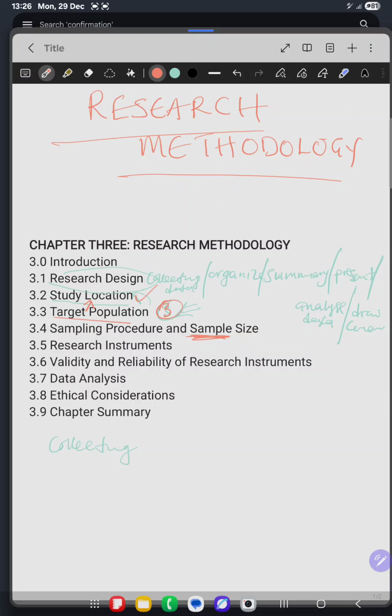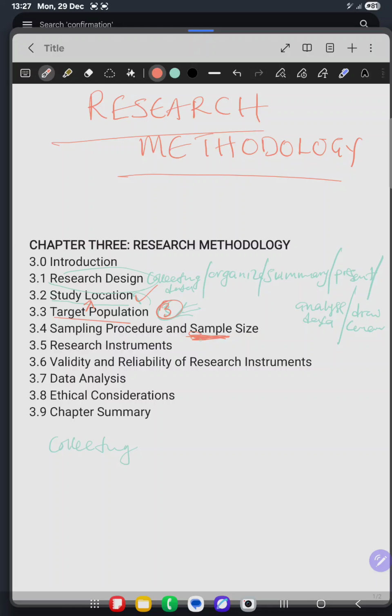You only pick maybe 2 schools or 3 schools. Those 3 schools, if you ask them questions and they give you answers, are representing all the schools in Lusaka district. And then they become what? The sample. So a sample, in simple terms, is the representative of the whole population.